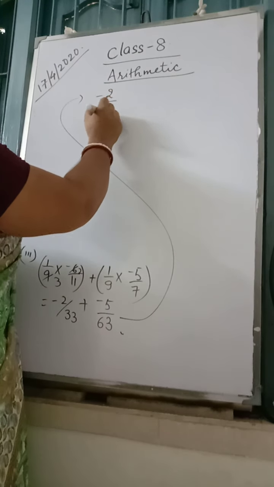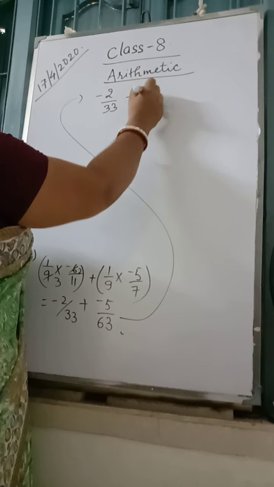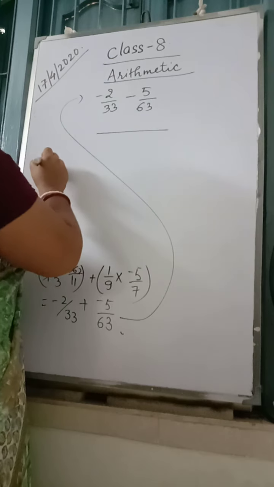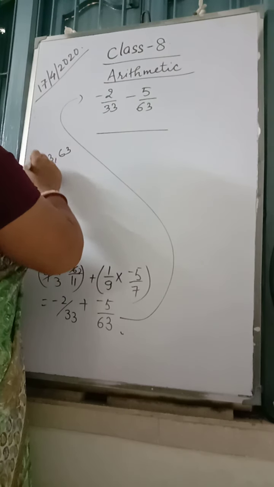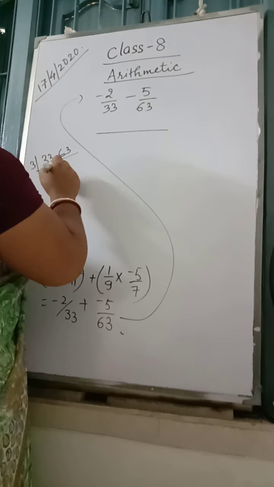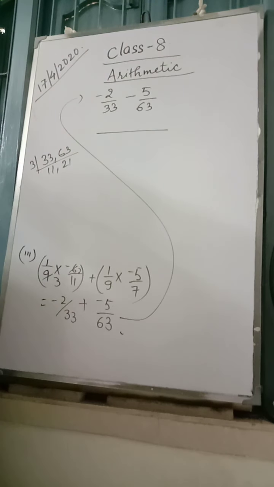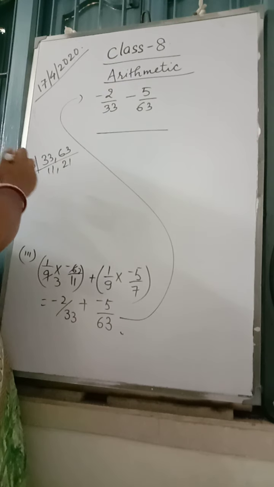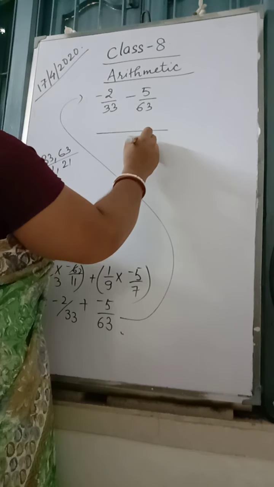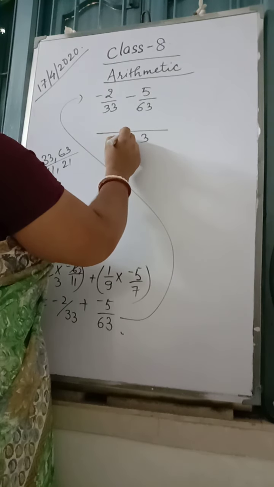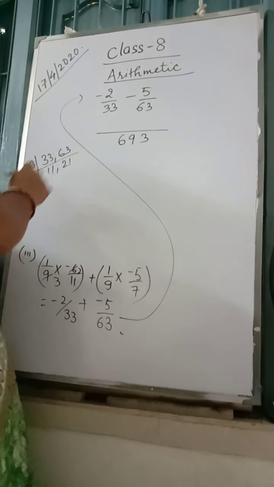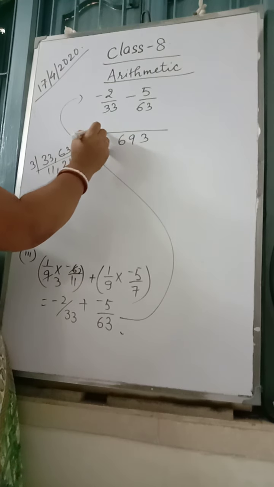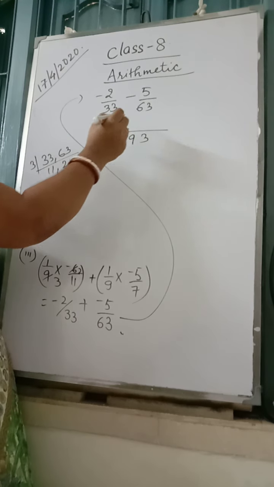Minus 2 by 33 plus minus 5 by 63. LCM of 33 and 63. Both are divisible by 3. 3 11s are 33, 3 21s are 63. So this gives you 63 into 11. 33 21s are, so this gives you minus 42.